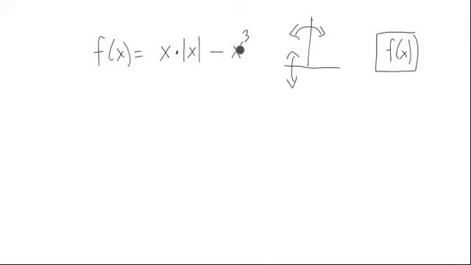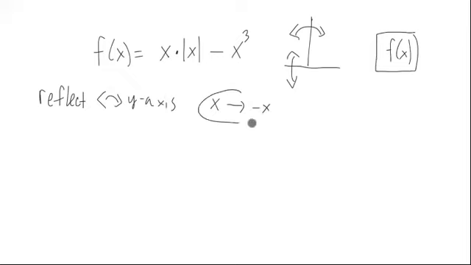So reflecting across the y-axis means you replace x with -x. All right, so we can do that. And here we would have f of -x.